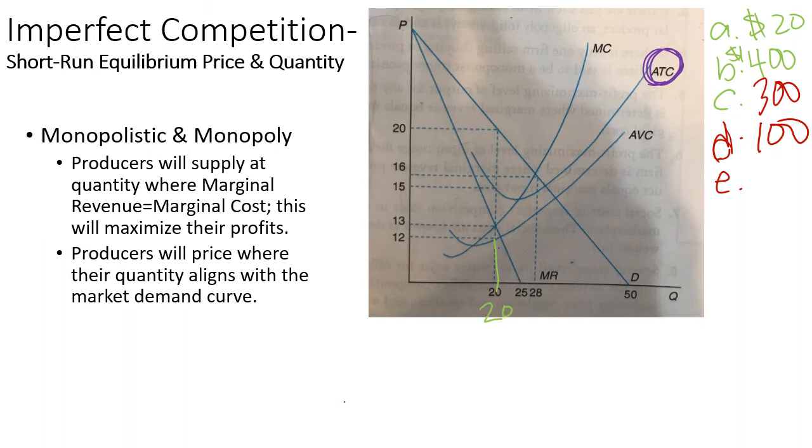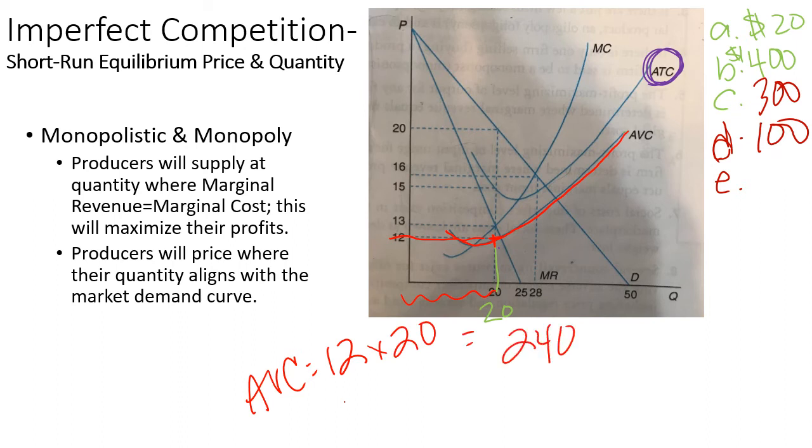And our average variable costs intersect right here. So our average variable cost is 12. Again, we're producing 20 units. So 12 times 20 is $240. So that would be our total variable cost.